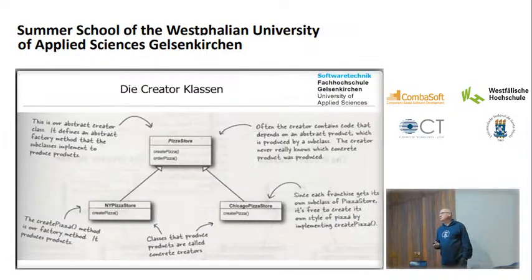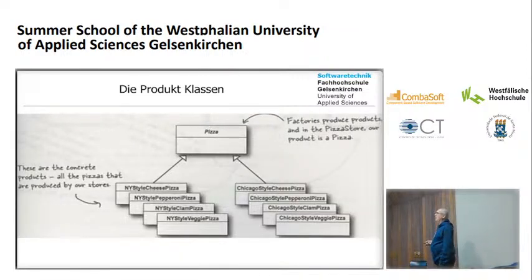So we have the pizza store with the 2 methods, create pizza and order pizza, where the creators are abstract. We have the New York pizza store, the Chicago pizza store, they have to implement this create pizza method. Now we have the concrete pizzas every store is producing. It's cheese, it's pepperoni, it's clam, and it's veggie for both stores.